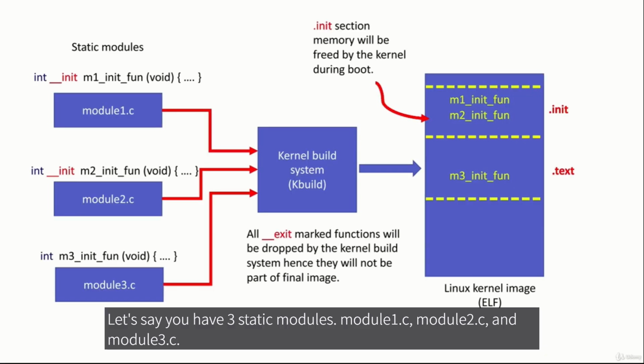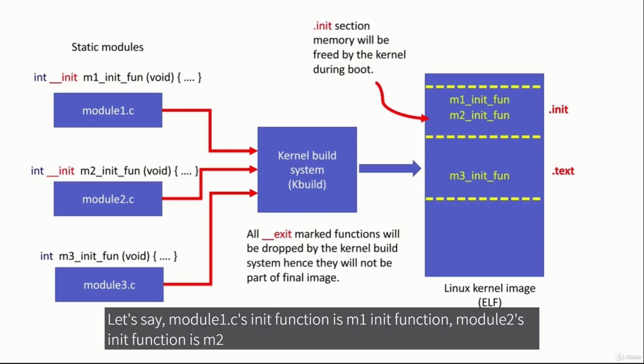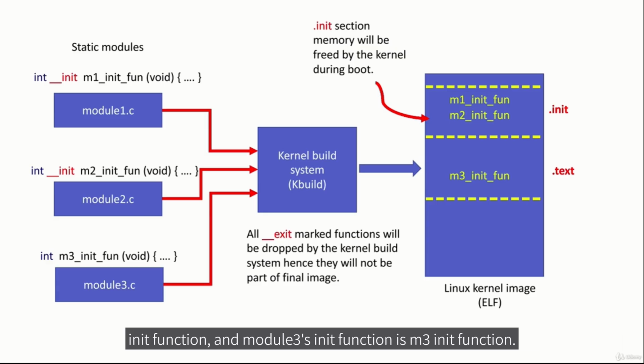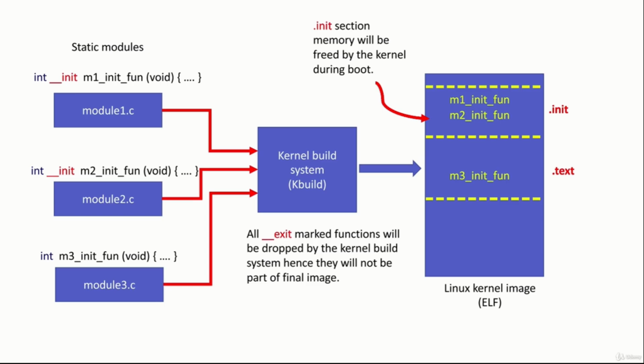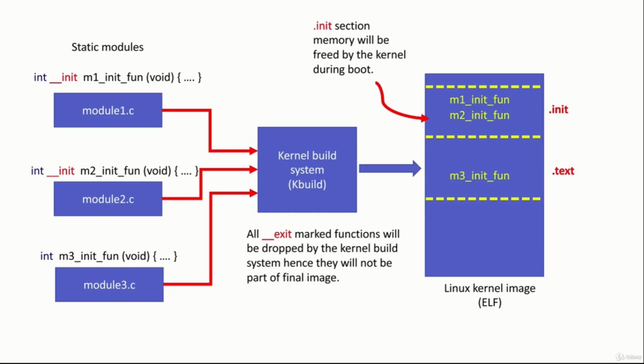Let's say you have three static modules: module1.c, module2.c, and module3.c. Let's say module1.c's init function is m1_init, module2's init function is m2_init, and module3's init function is m3_init. Out of these three init functions, m1_init and m2_init are tagged with __init macros.